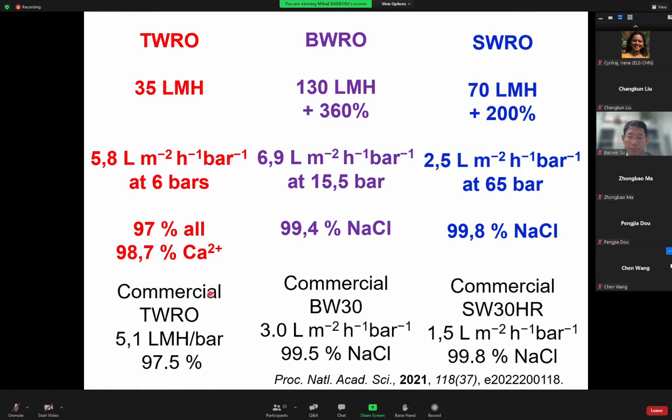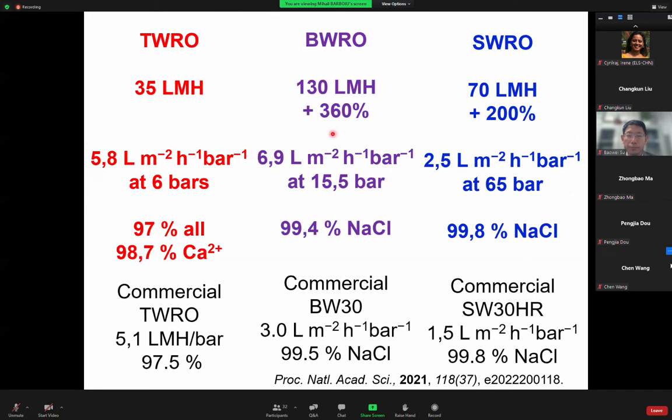Compared across the three kinds of filtration: low pressure at 6 bar, brackish water at 18 bars, and seawater at 65 bars, normally we have this kind of flux. This incremental improvement of the permeability of the systems is huge.